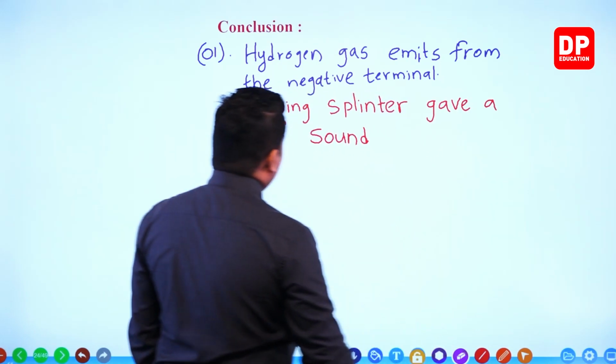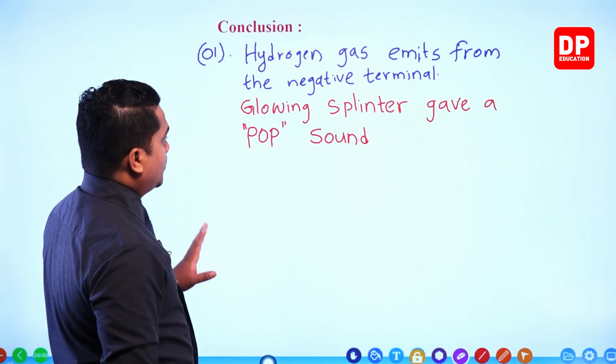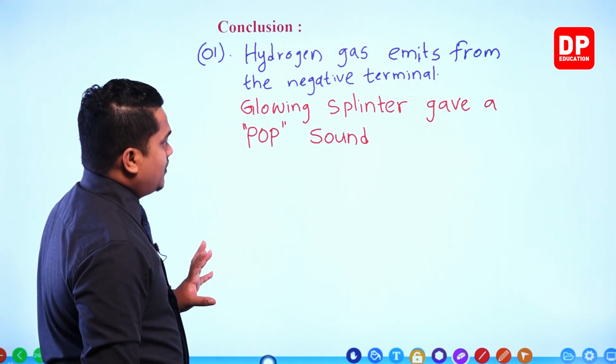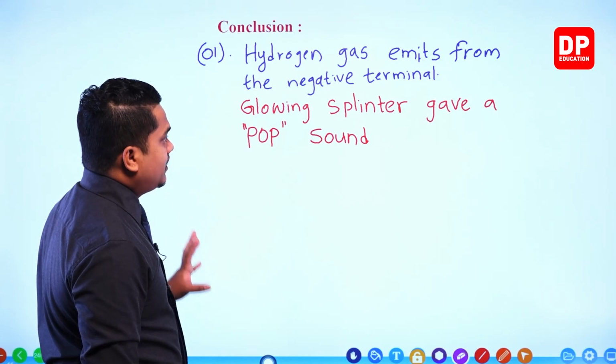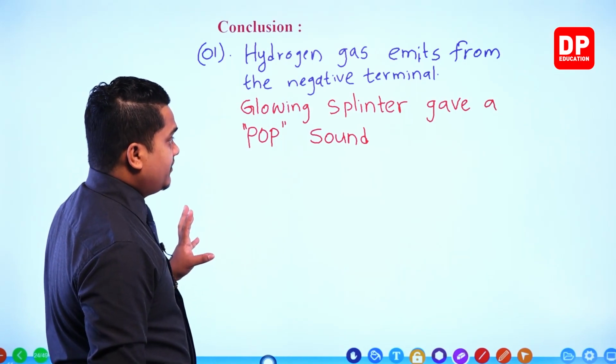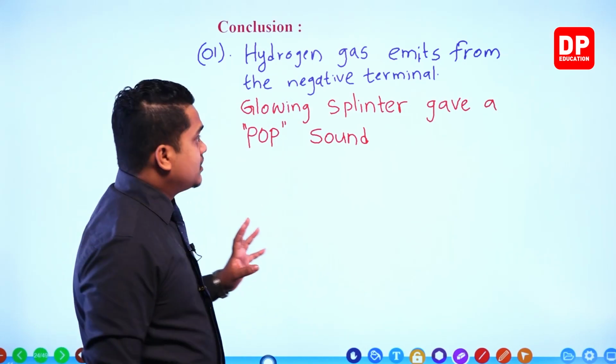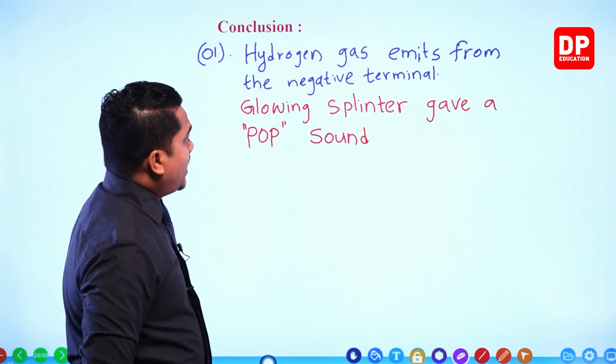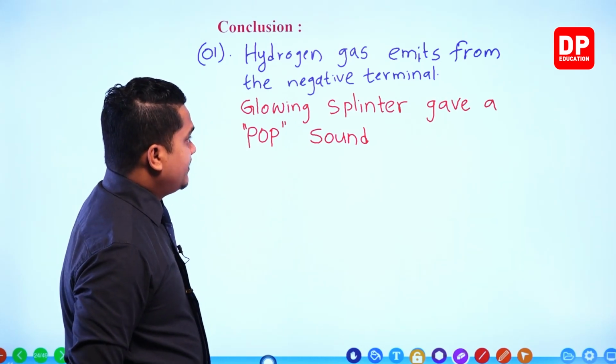Yes. So glowing splinter gave a pop sound, right? Glowing splinter which we added gave us a pop sound. So therefore we can conclude that hydrogen gas emits from the negative terminal.